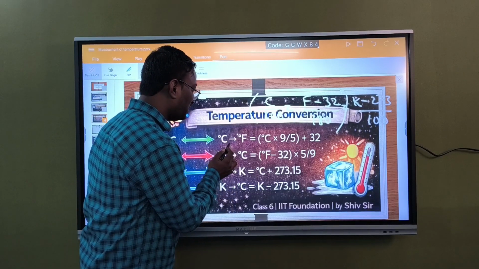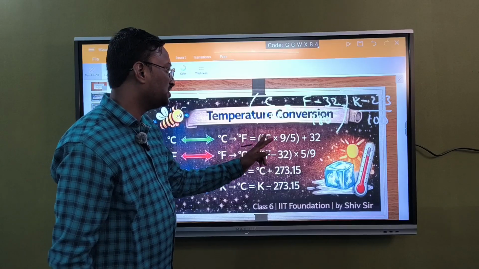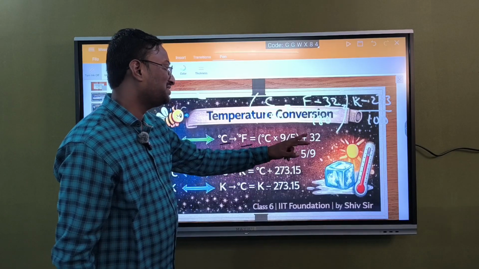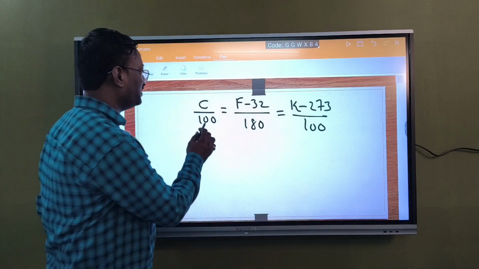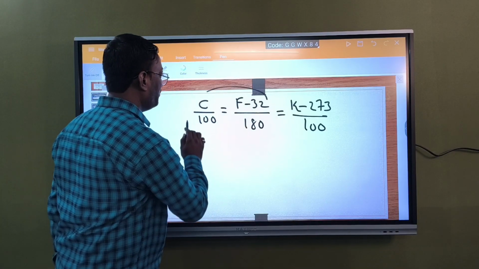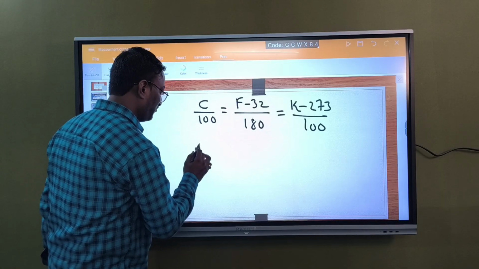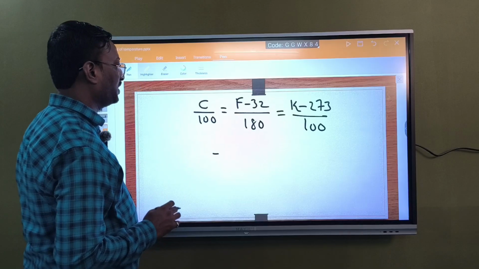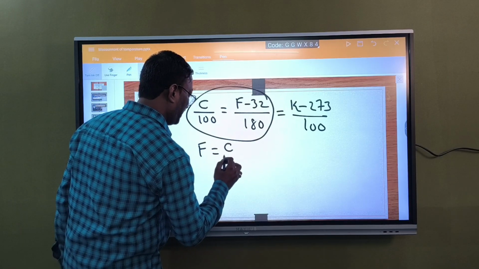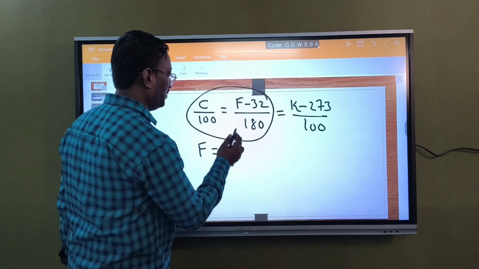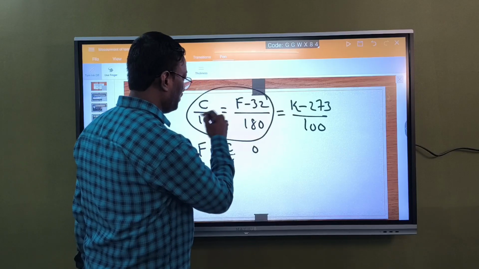In order to convert centigrade to Fahrenheit, F is equal to C into 9 by 5 plus 32. How did we get this? You take these two things. If you want to get F, F is equal to C by 100 cross multiplied into 180 plus 32.